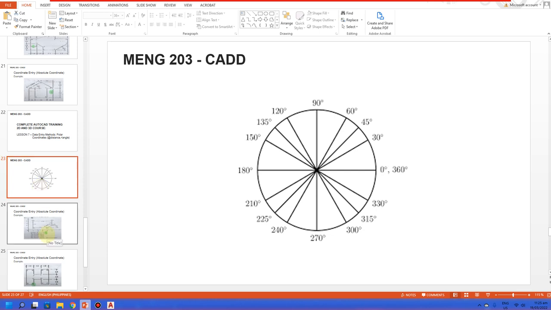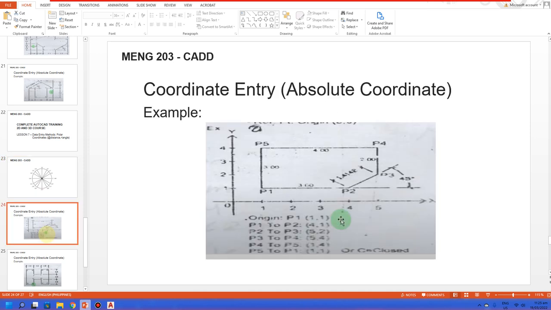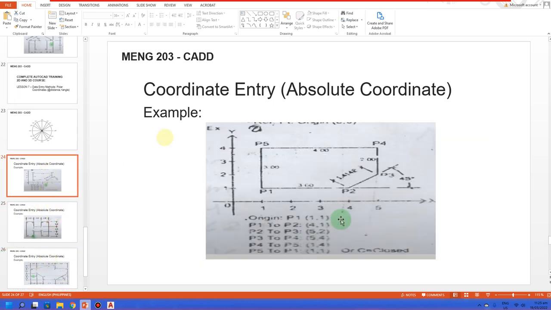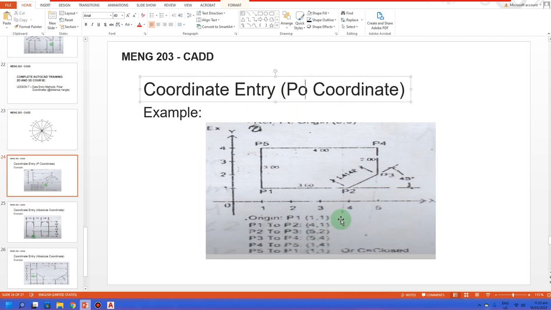To use our polar coordinates, we are going to use different examples, and these examples are the same as the examples from our absolute coordinate and relative coordinate. Since I'm using the same examples as absolute coordinate, I'm sorry that I did not change it to polar coordinate.